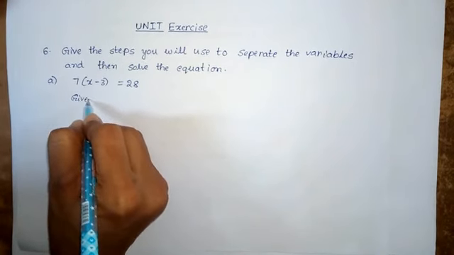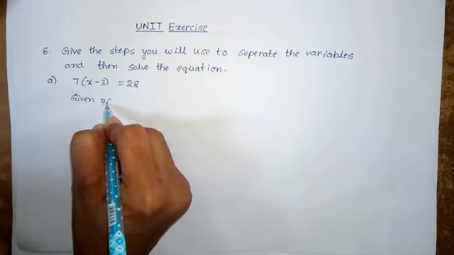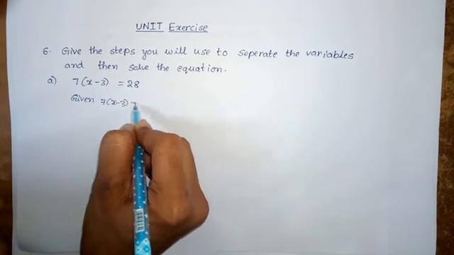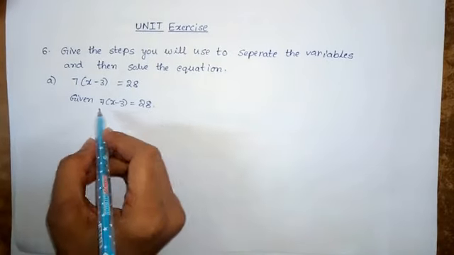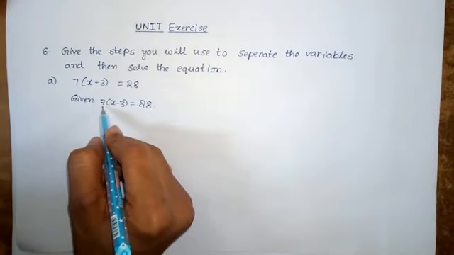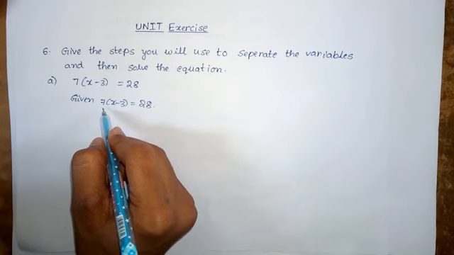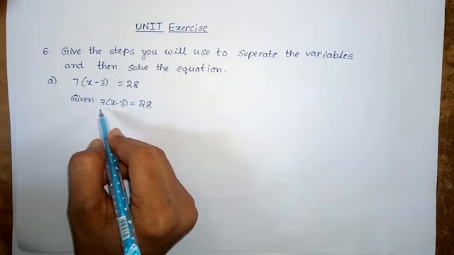Given 7 into x minus 3 it is equal to 28. So first remove 7 by using divide by 7 on both sides.